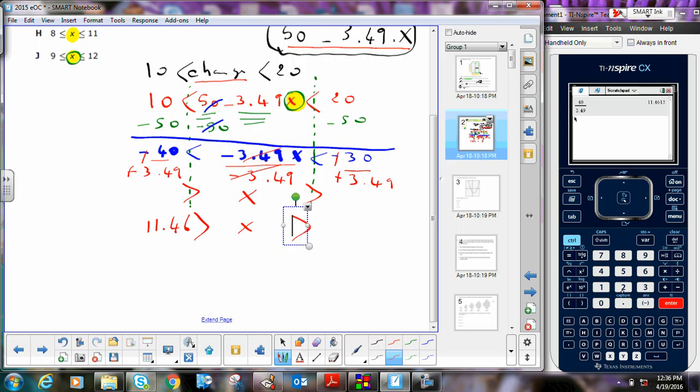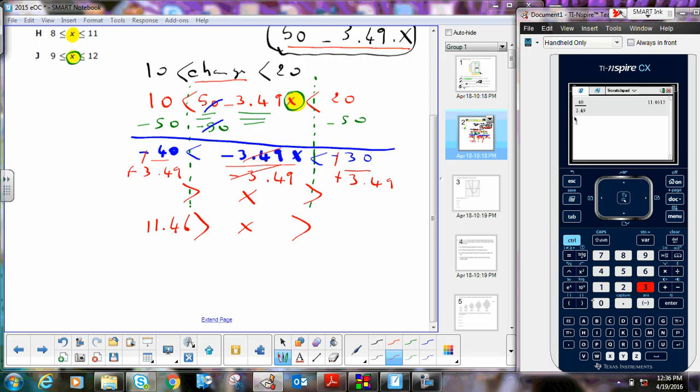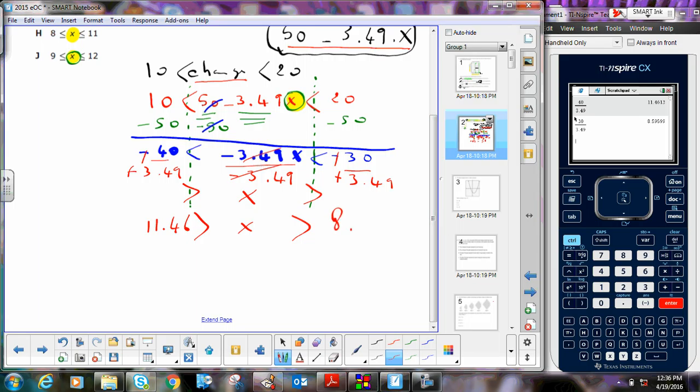Oh, I'm sorry. I was typing in the wrong place. So 30 divided by 3.49, 8.59.